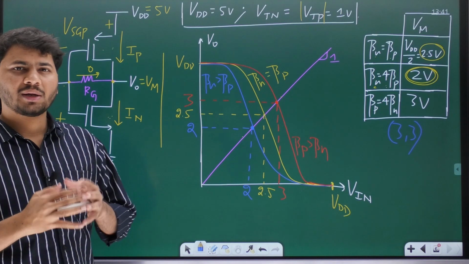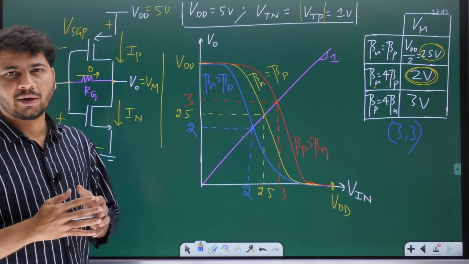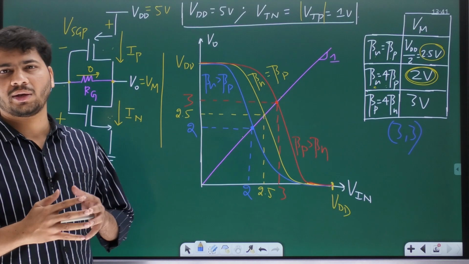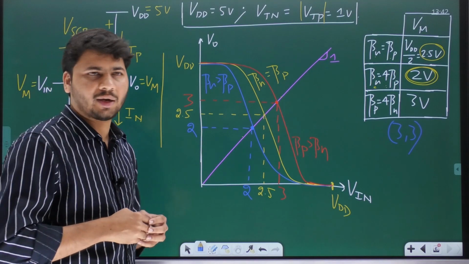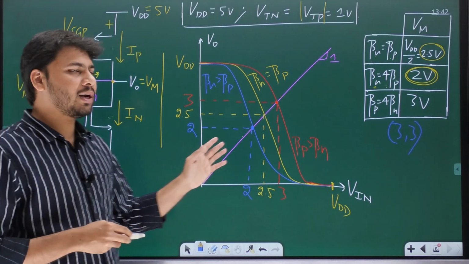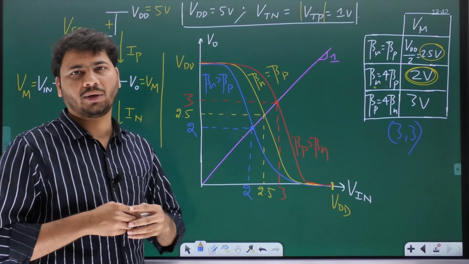So what is the conclusion here? If you make NMOS stronger than PMOS, then the VTC will get shifted to the left. Or if you make PMOS stronger than NMOS, then the VTC will get shifted to the right.